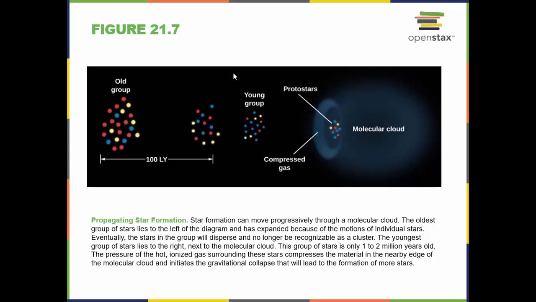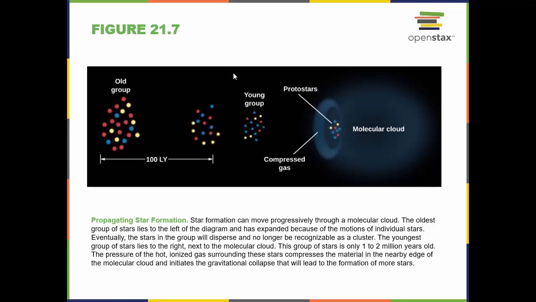Eventually, the stars in the group will disperse and no longer be recognized as a cluster. The youngest group of stars lies to the right, and next to it is the molecular cloud. And this group of stars is about 1 to 2 million years old.